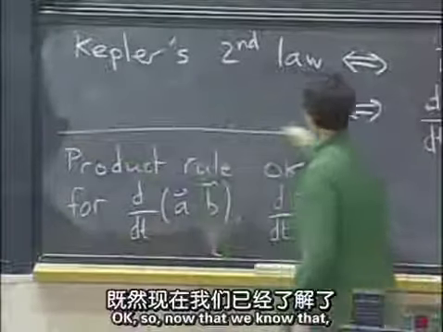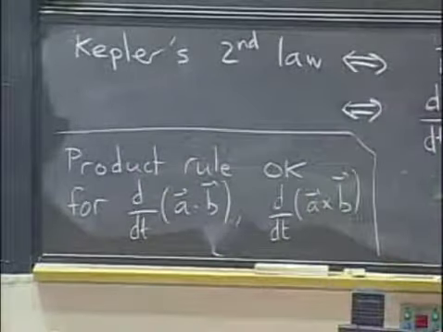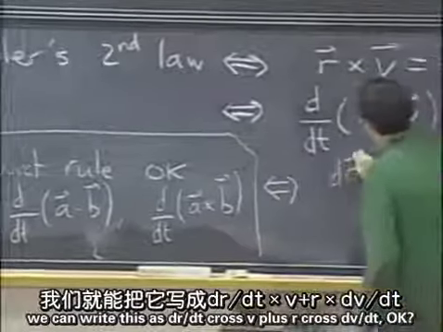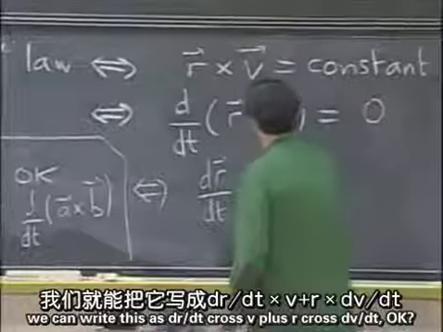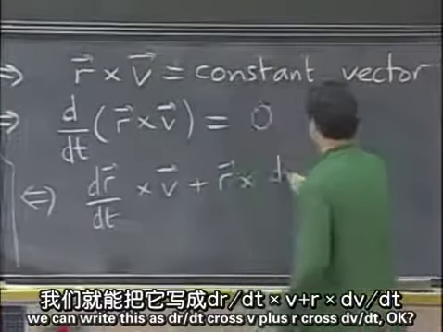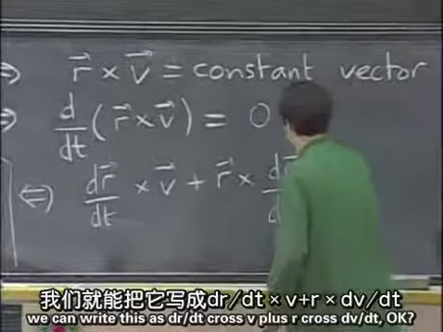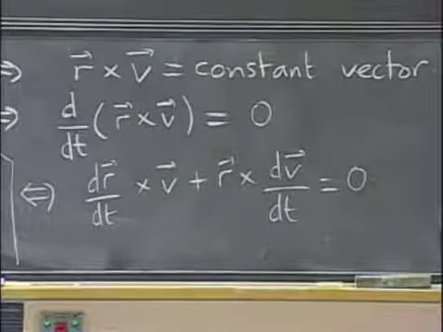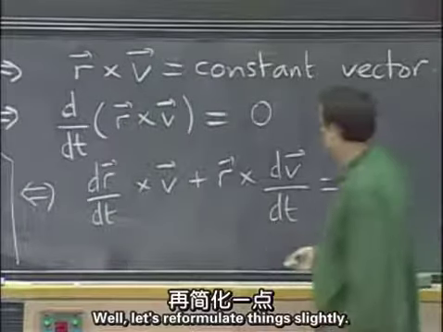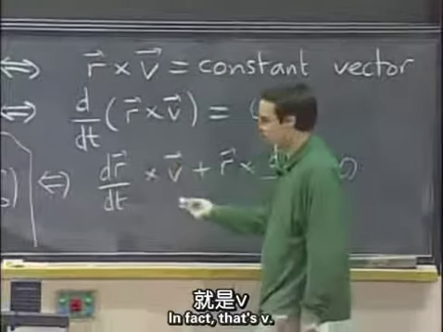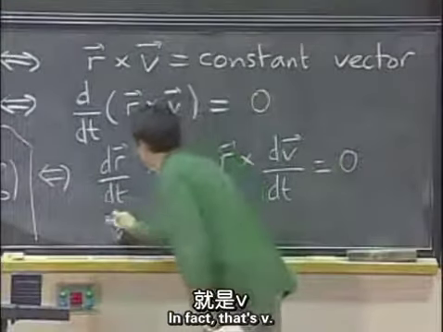Okay, so now that we know that, we can write this as dr/dt cross v plus r cross dv/dt. Well, let's reformulate things slightly. So dr/dt already has a name, in fact. That's v. Okay?